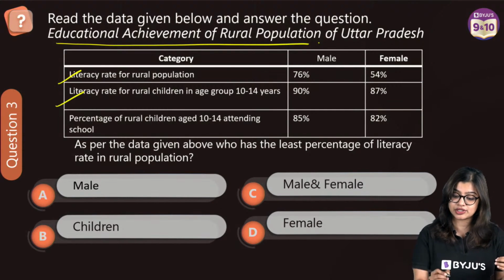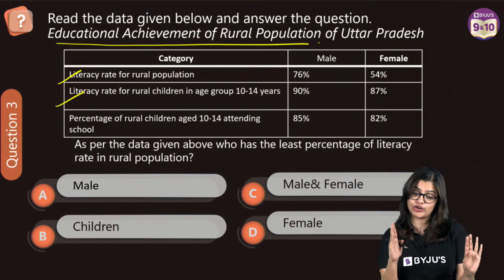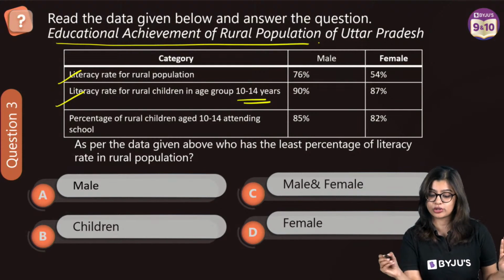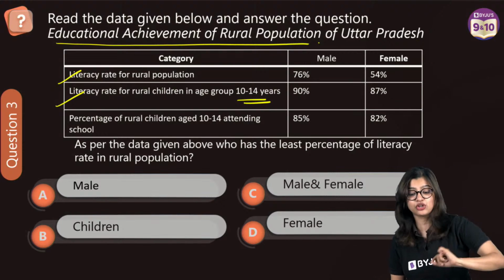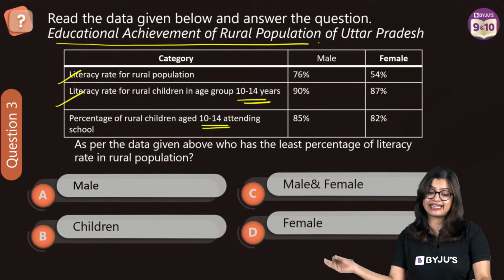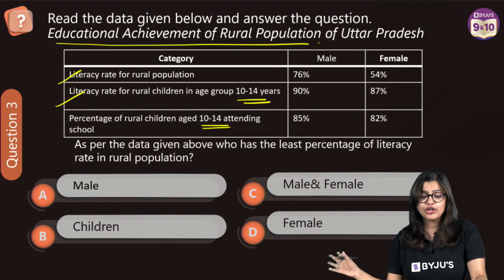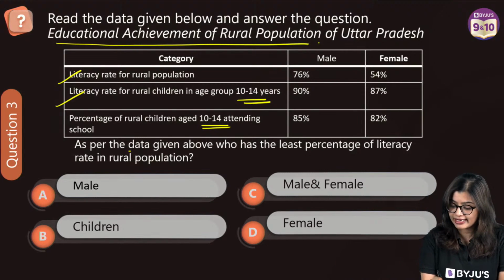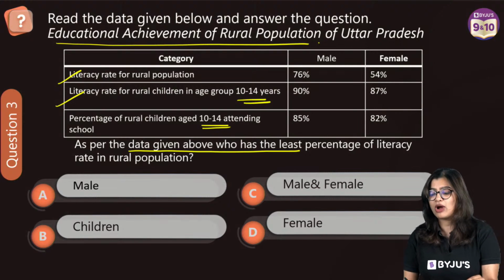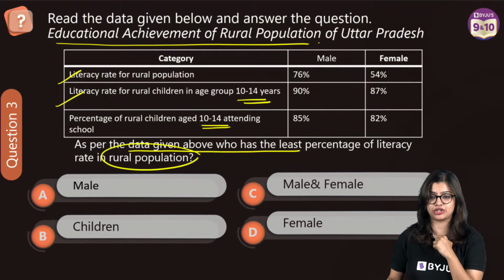Literacy rate for rural population, literacy rate for rural children in age group between 10 to 14 years, then percentage of rural children aged between 10 to 14 who are attending school. Now the percentages are given to you. Now what should you do? You should identify from the data given above who has the least percentage of literacy in rural population.